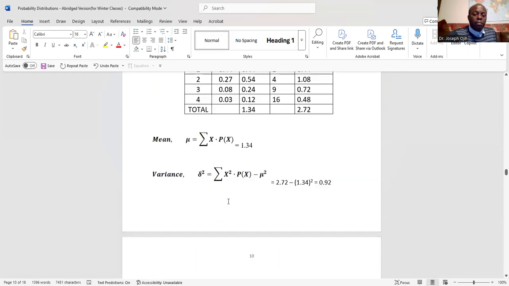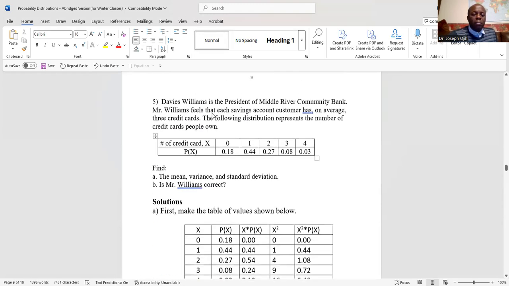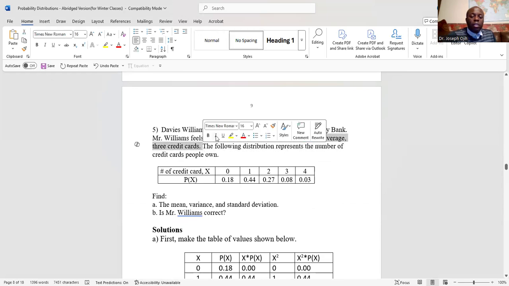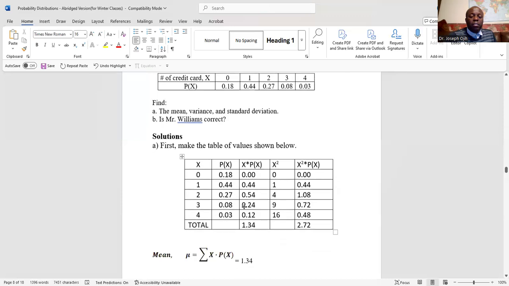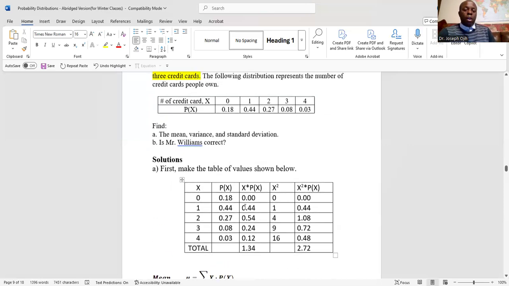Then part B says, is Mr. William correct? Remember, he was claiming that each credit savings account customer has on average 3 credit cards. That was his claim. But our average here, which is the mean, is 1.34. So his claim is not correct. Why?